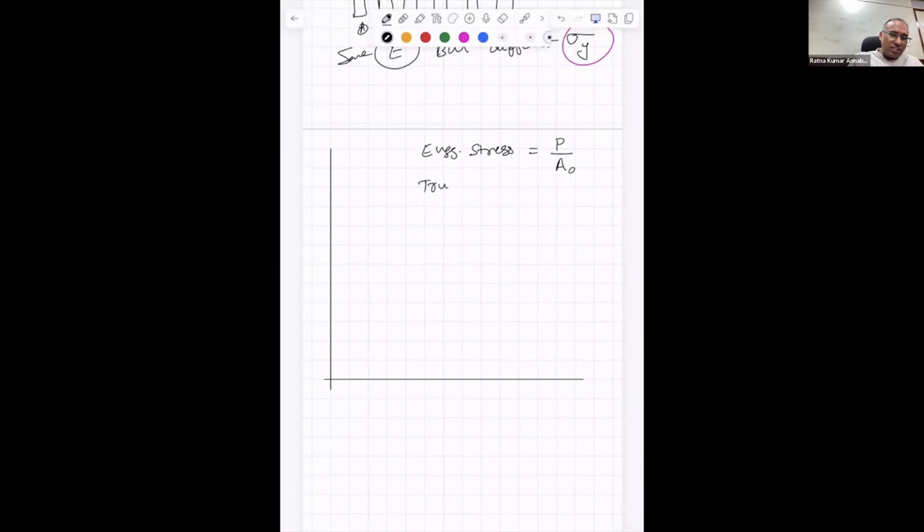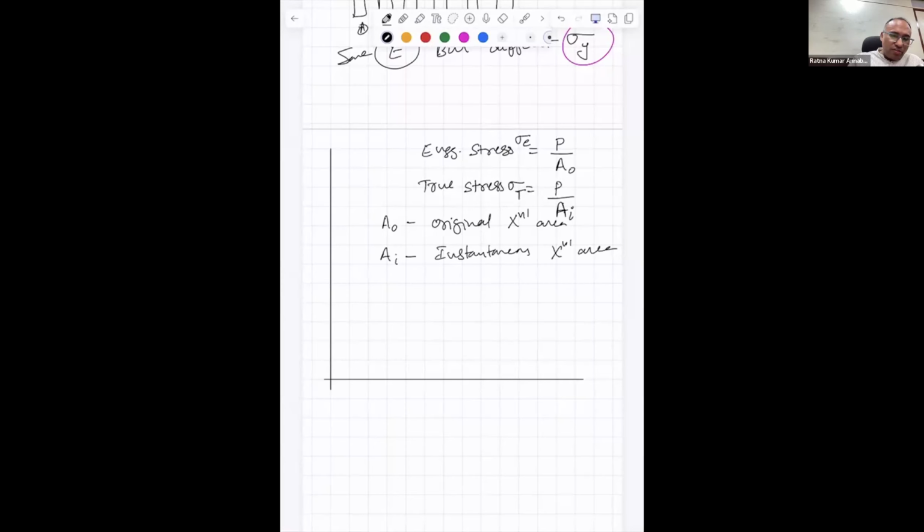Now, true stress is defined as, so this is sigma E, and now I am calling true stress sigma T, P by the instantaneous cross-sectional area, or current cross-sectional area. A0 is the original cross-sectional area, and Ai is the instantaneous cross-sectional area.